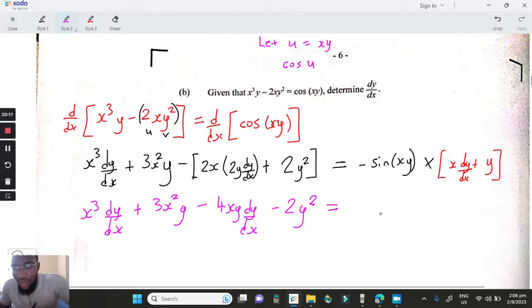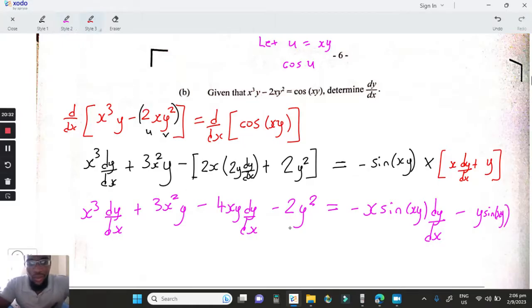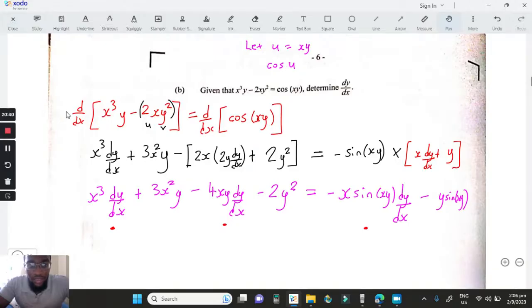So in that case now, this is minus x sine xy dy/dx, and then we have minus y sine xy. Now anywhere we see dy/dx, we're going to have to group these to one side. So I just put a dot underneath each one. We're going to have to group them to one side.